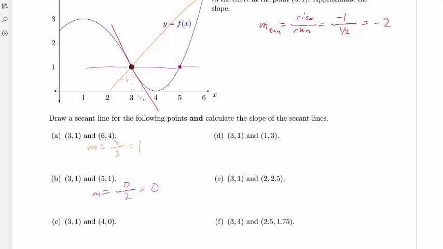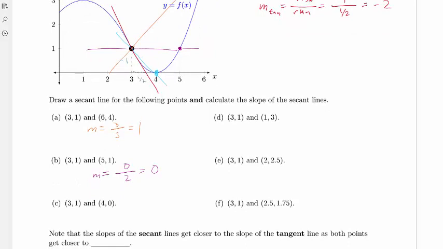Okay, next one. We're bringing it down to 4, 0. And we notice this is already starting to look a lot closer to that line. Let's see the slope of this one. We finally have a negative slope, so that's already an improvement.